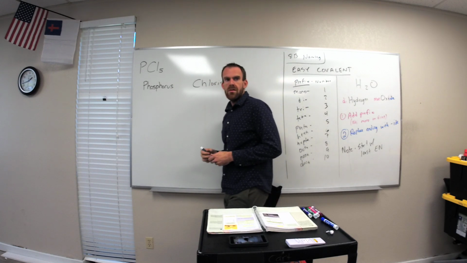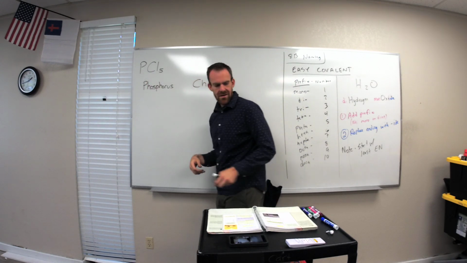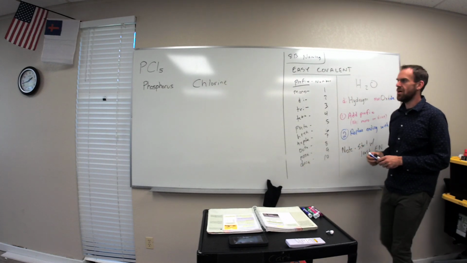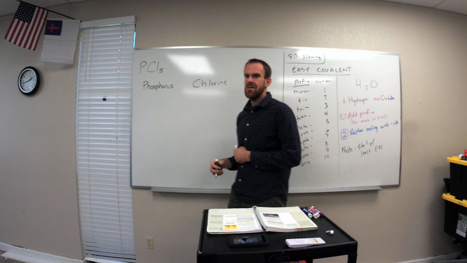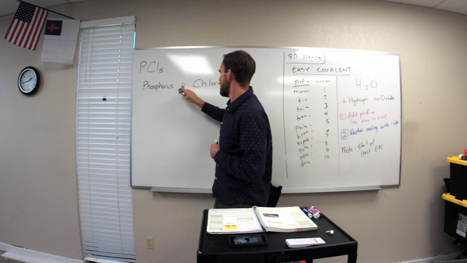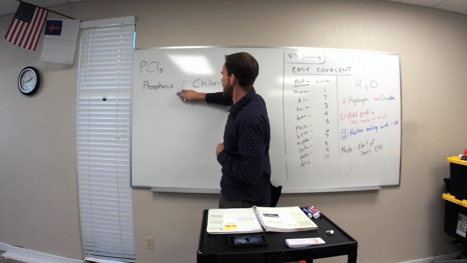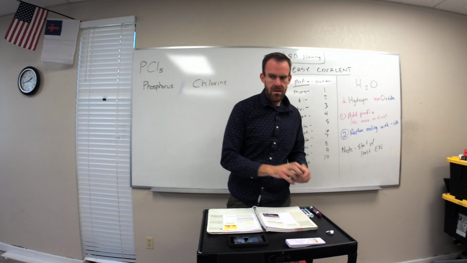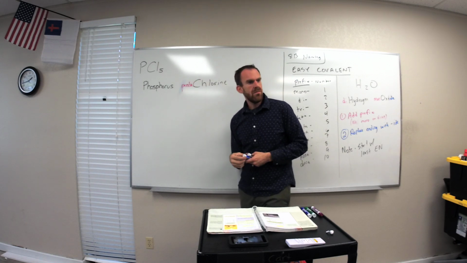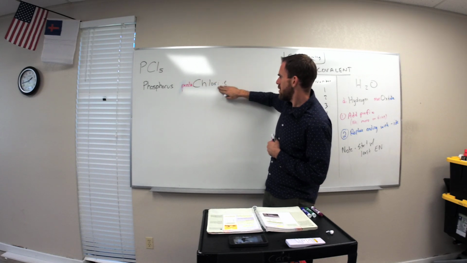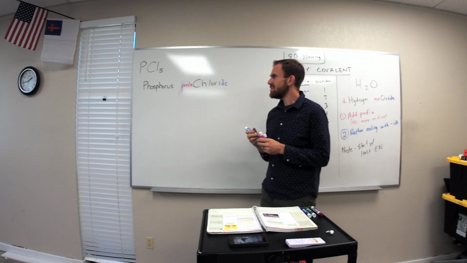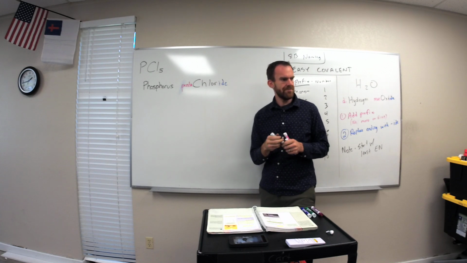So, phosphorus, chlorine. Now, I'm going to add the prefix. We don't put mono on the first one, but we will put penta on the second one. And we take off the ending and add I-D-E. So this is phosphorus pentachloride.